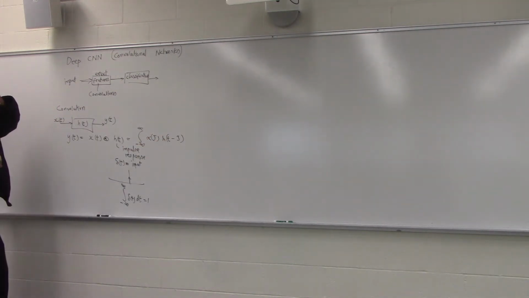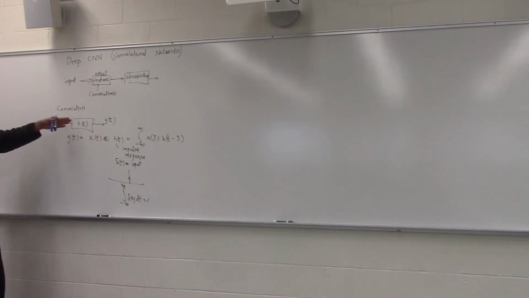So essentially it tells us where the maximum overlap is occurring between two signals, right? So convolution could be in time domain, it could be in single dimensions, 2 dimensions, 3 dimensions, as many dimensions as we feel like it, right?